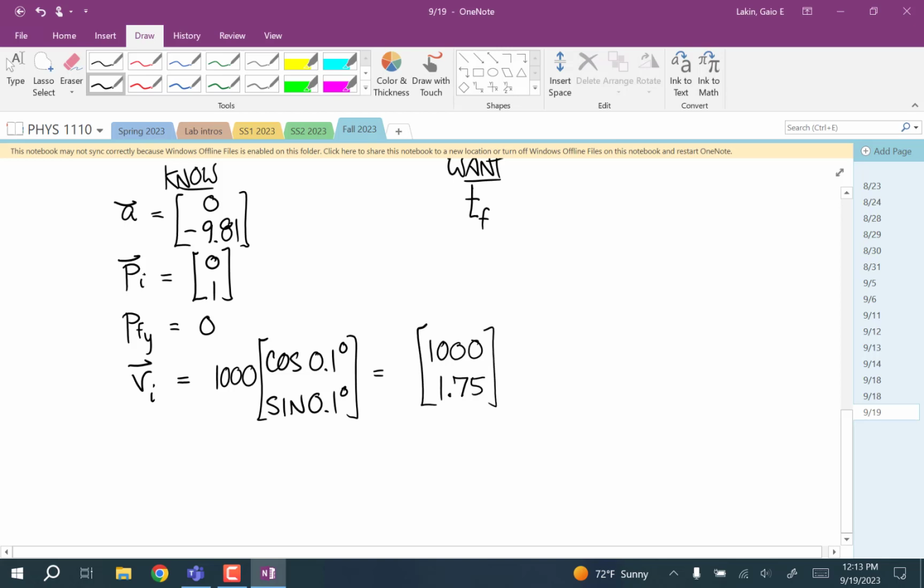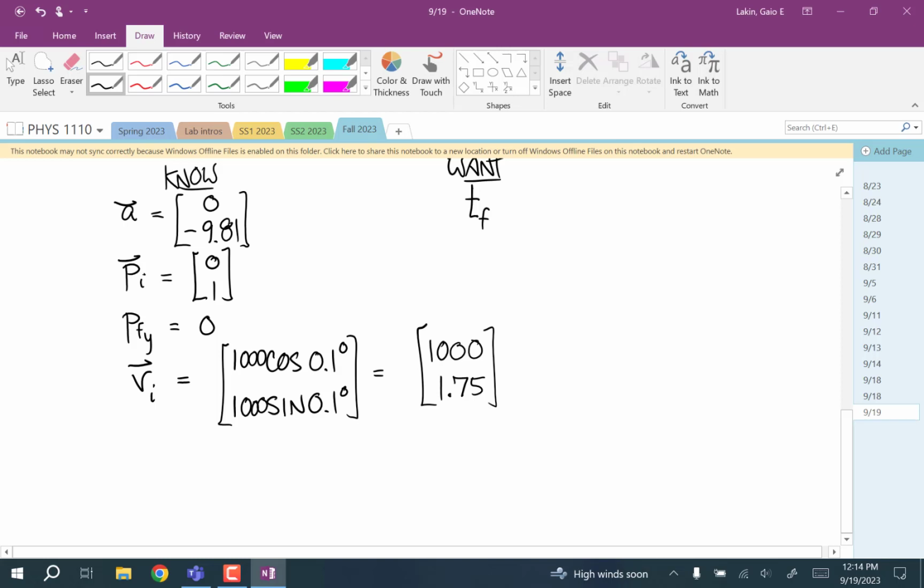How do we get to 1,000? What I wrote like this, you can also write as 1,000 times the cosine, 1,000 times the sine. How did I get that number? In my calculator, you basically just type it in like that. So 1,000 times the cosine of 0.1, and that's 999.998.